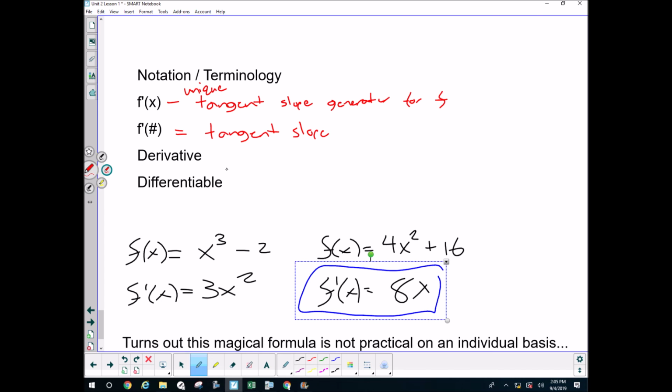A derivative is a fancy word for tangent slope, which is what we will call the instantaneous rate of change of a function. If I say this function is differentiable, that means it has a tangent slope. We'll talk more about what it means to be differentiable next class.